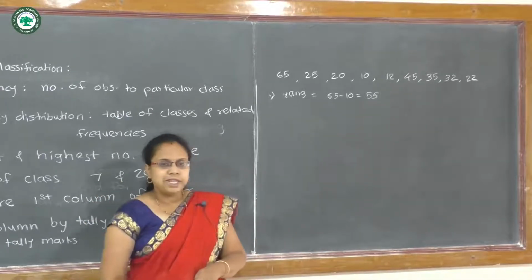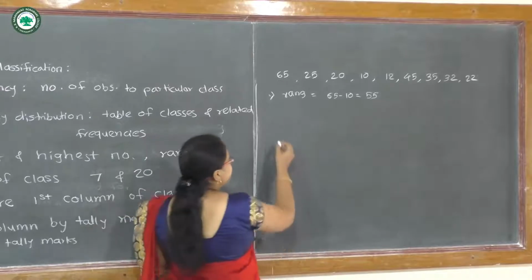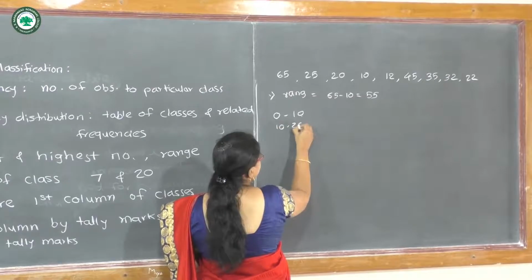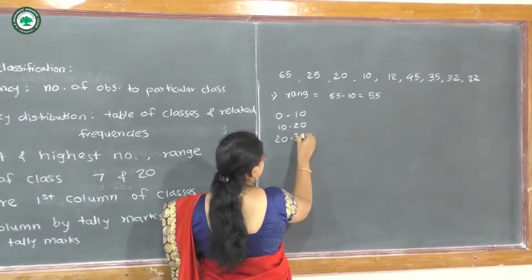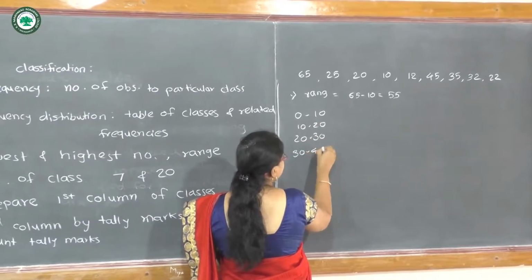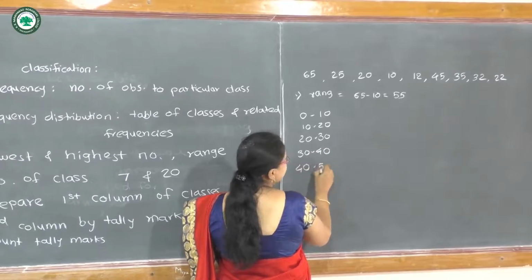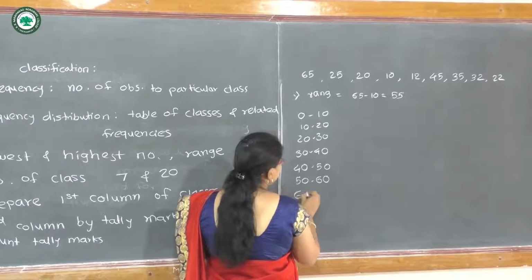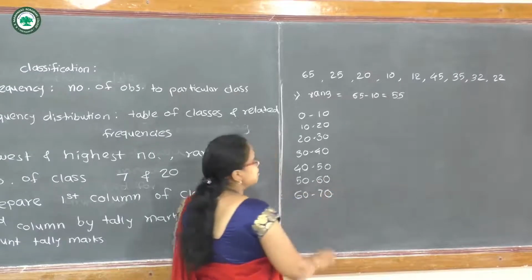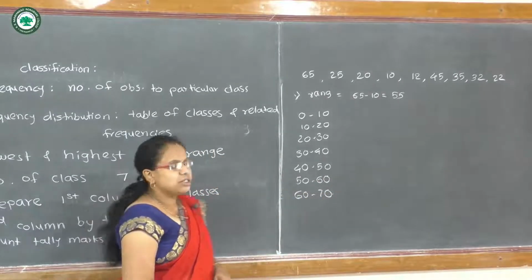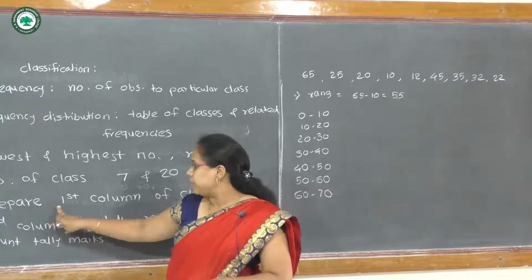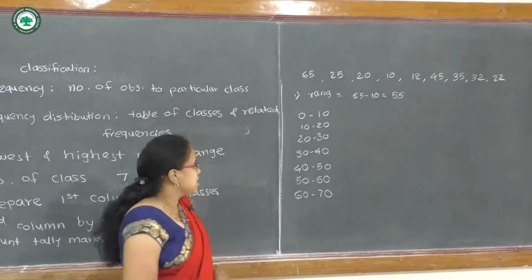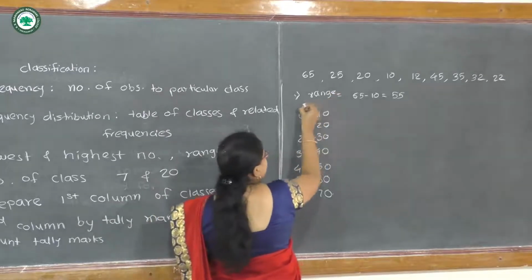Here my data is small, that's why I will make the classes 0 to 10, 10 to 20, 20 to 30, 30 to 40, 40 to 50, 50 to 60 and 60 to 70. So this is our third step: we have prepared our first column of classes. These are called classes.